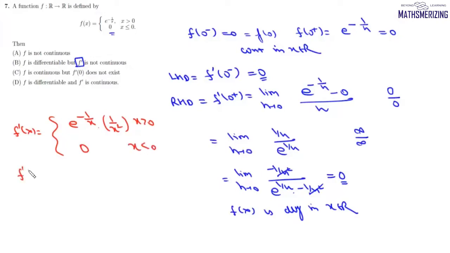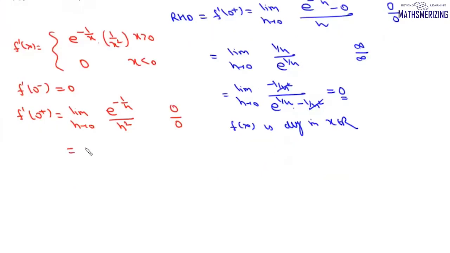So f dash 0 negative is nothing but 0. And if we find f dash 0 positive, it will be this limit h tends to 0, e to the power minus 1 by h upon h square. Now this is nothing but 0 upon 0 form.